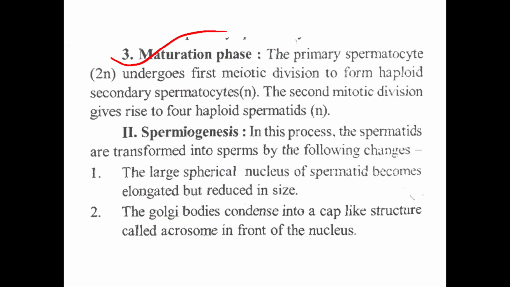After that, the primary spermatocyte enters the maturation phase. The primary spermatocyte, which is diploid, undergoes the first meiotic division.